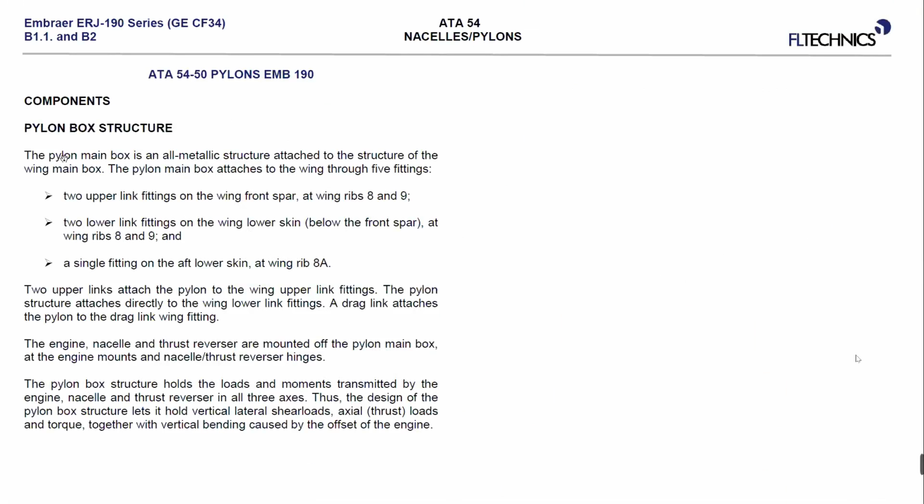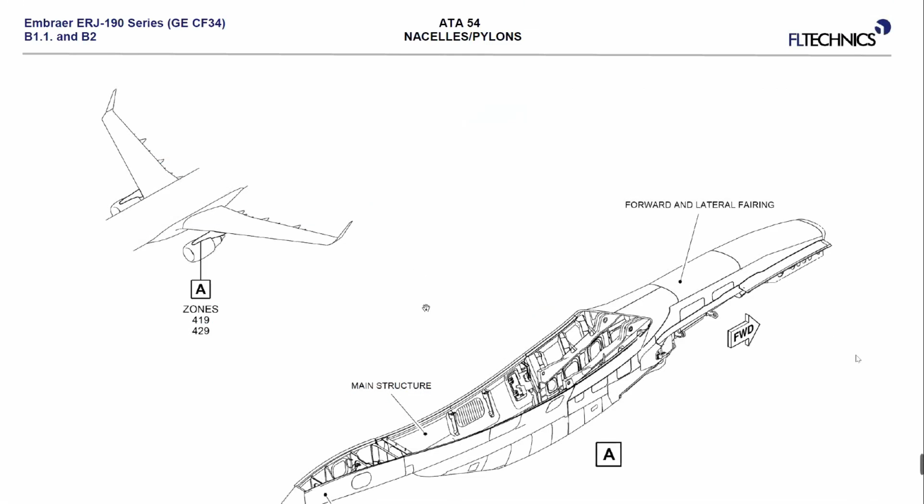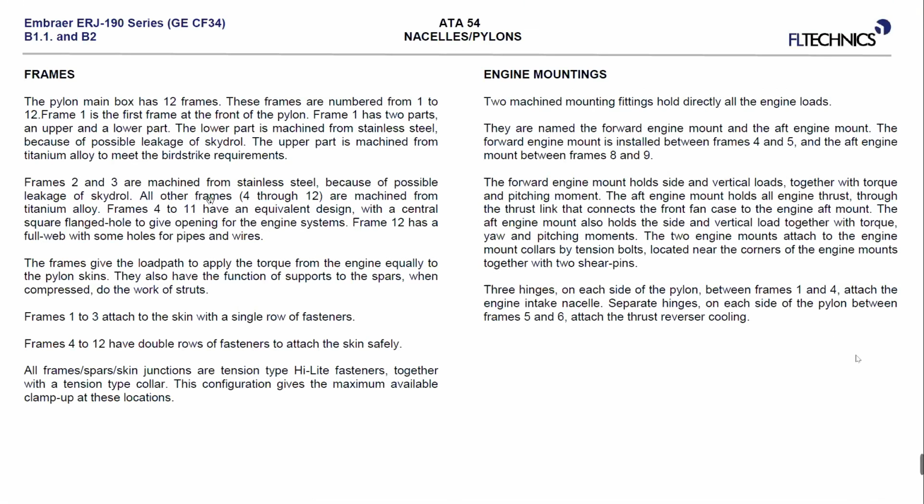So Pi1 is attached to the wing, on wing ribs 8 and 9 on the upper link. The lower link is on the lower skin, ribs 8 and 9. And this aft lower single fitting is to rib 8 alpha. We have 12 frames on the box. We have 2 mounts.